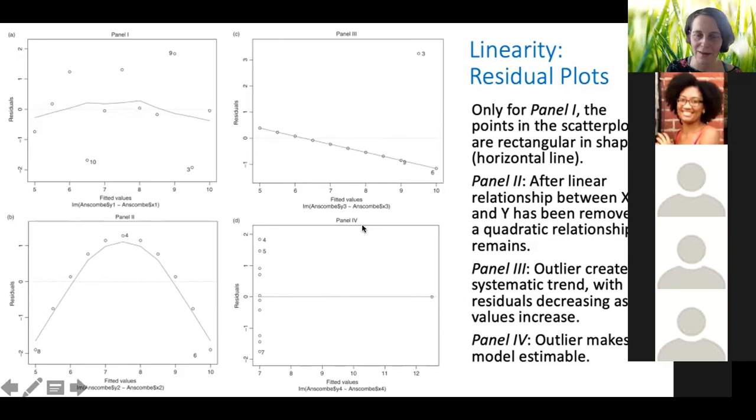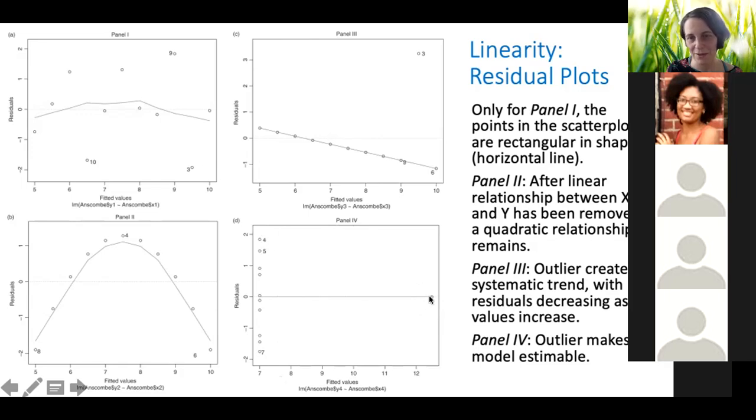So here in the last panel, panel 4, we can see that the outlier is the one that makes it possible to estimate the model at all, right? Without the outlier, we would have a constant predictor, and so all observations would have the same fitted value, and they deviate more or less from this predicted value.